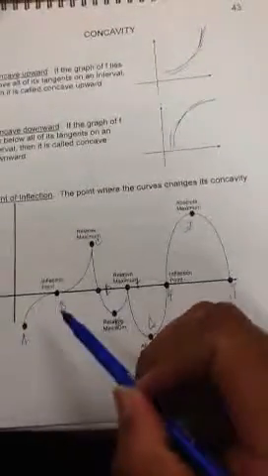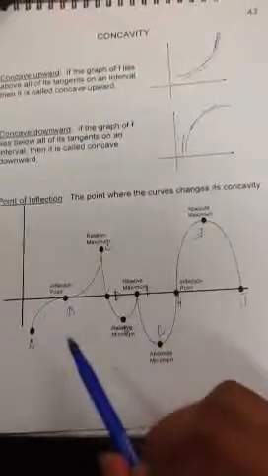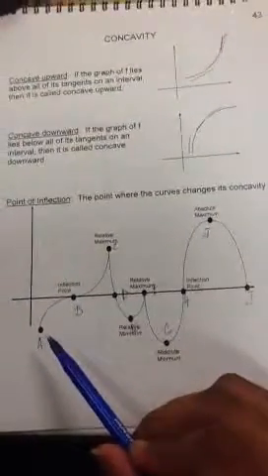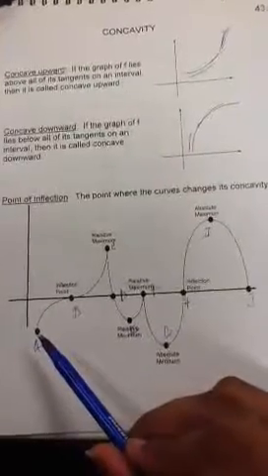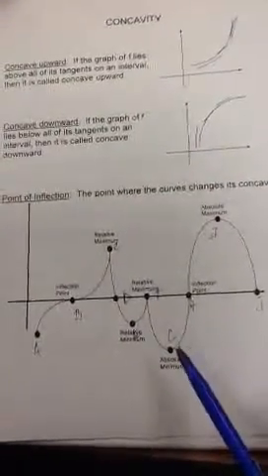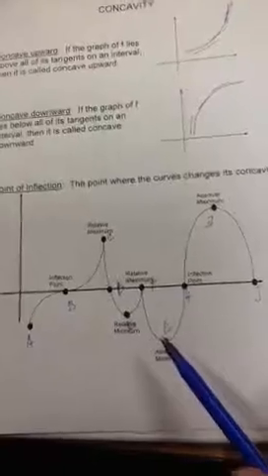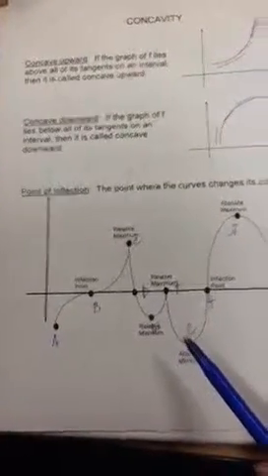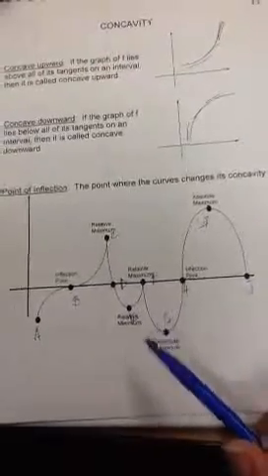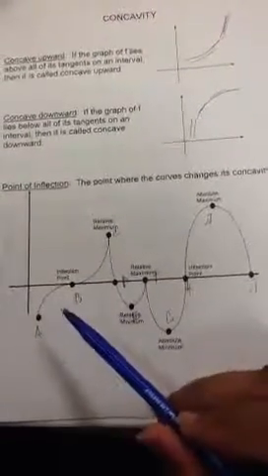Okay. So the first point, A, is low, but it's not the lowest point. So it's not an absolute min. It's not even a local min.